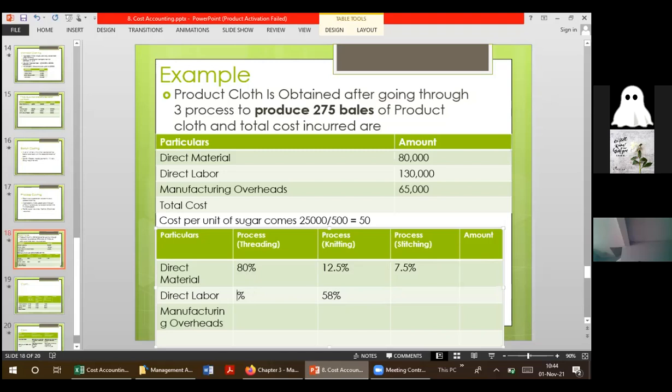Let's reduce this. 15% goes here, and let's reduce this to 39%. So 46% goes here. Then we have our manufacturing overheads. 25% here, 35% here, and 40% here.